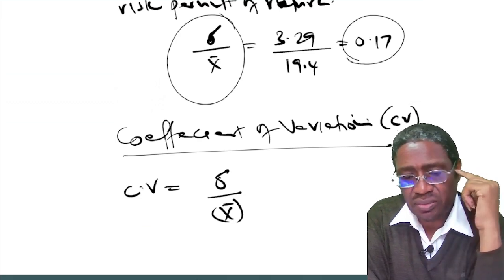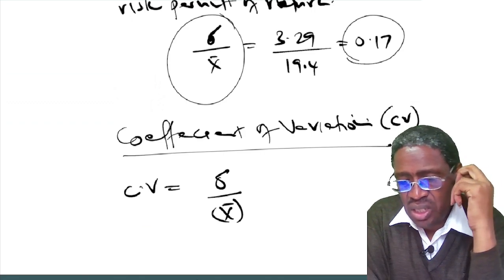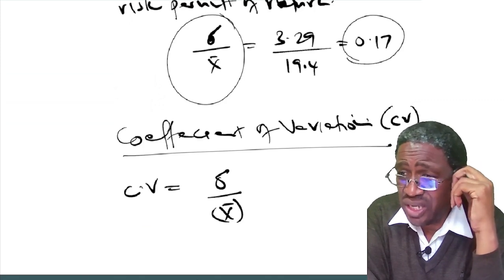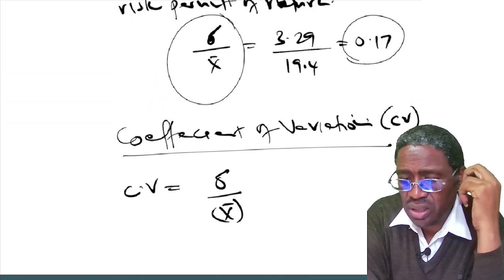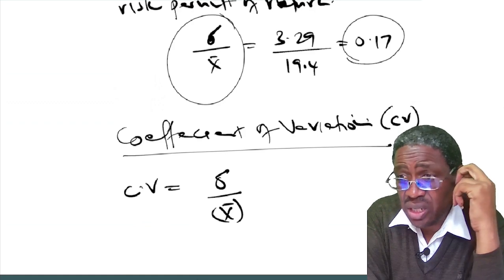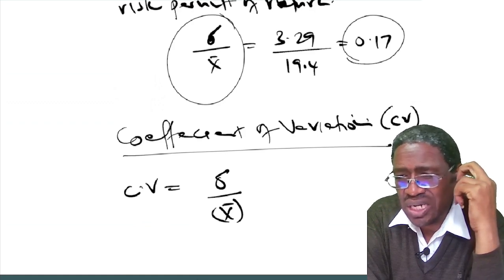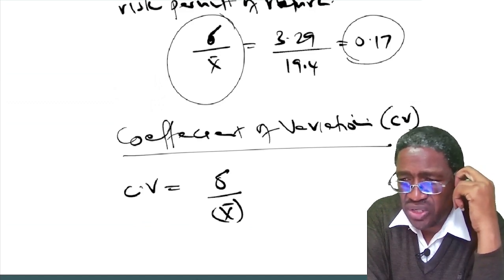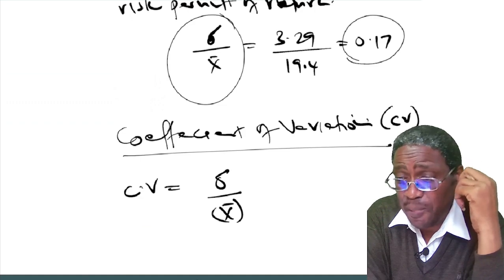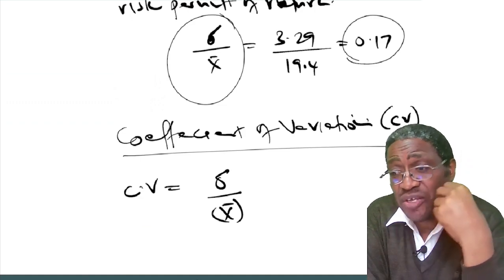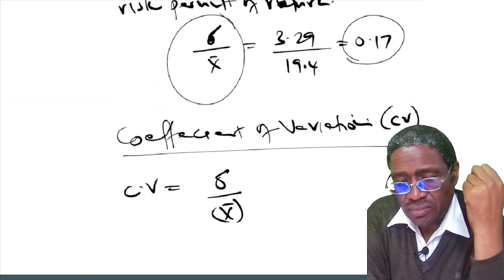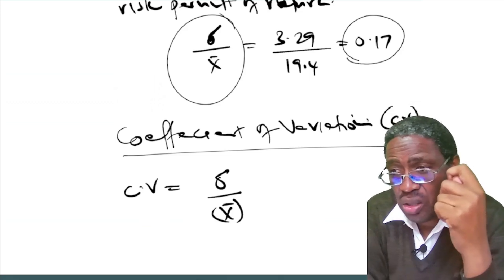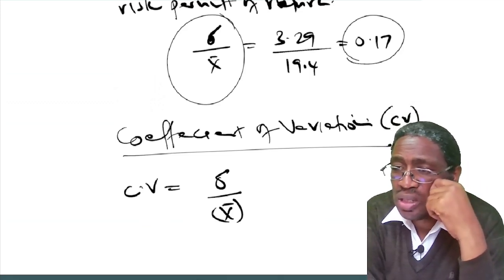Then you say this is also known as risk per unit of return, or relative risk.